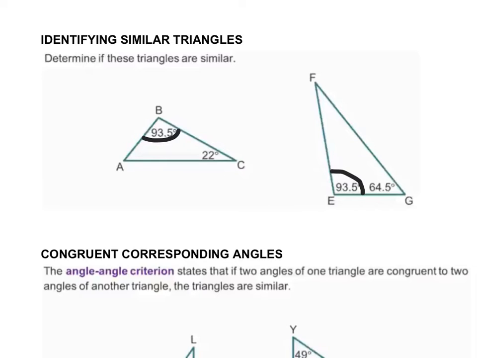So that's good. Angle B is congruent to angle E. The next thing I have is angle A over here, I don't know, but angle C is 22, and that angle G is 64.5. So let's find angle F, and let's just see if it's 22 degrees.